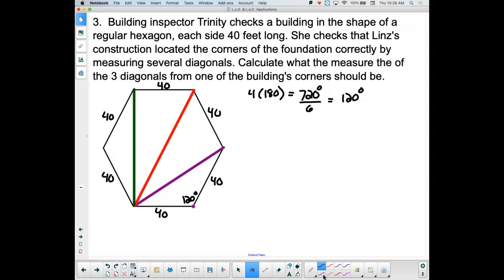Okay. We said purple was equal to green because of those. Can we find x now? Yeah? All right, find it for me.